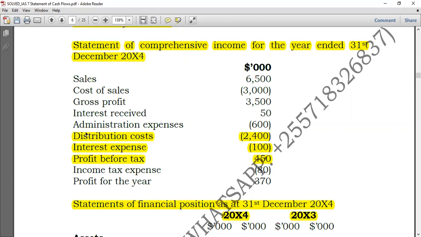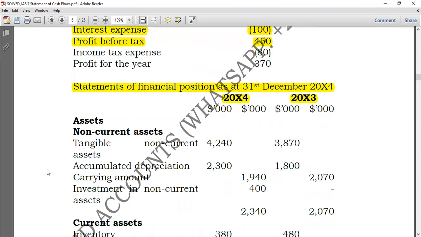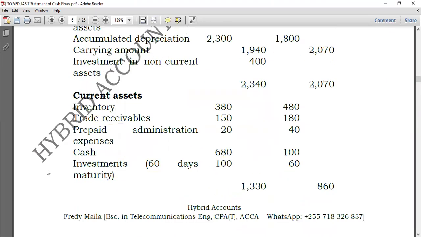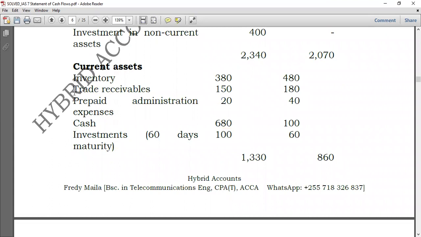Now I just continue going up. I said go up until you meet sales. If you go up here, you find administration expenses, that is 600, right? Now, this also is an operating expense. So there could be a prepayment or an accrual. So just go to the statement of financial position to spot it. As you remember, we spotted it here under current assets. We said prepaid administration expenses.